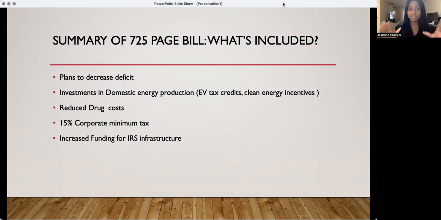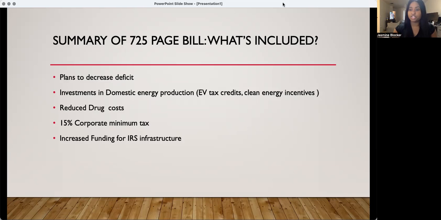This is a breakdown. This is a summary. We have plans to decrease the deficit. We have plans to basically supplement more investments in domestic energy production. And we're going to talk a little bit about the EV tax credits and clean energy incentives that are going to be also included in this bill.